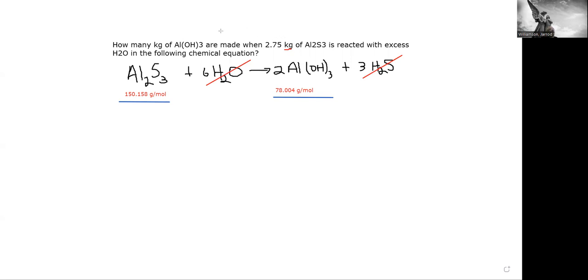Let me show you a neat little trick, and I want you to learn this. 150.158 grams per mole is the same thing as 150.158 kilograms per 1 kilomole.